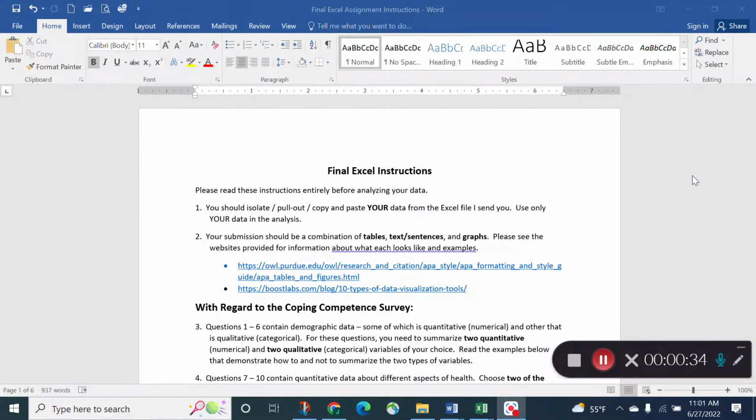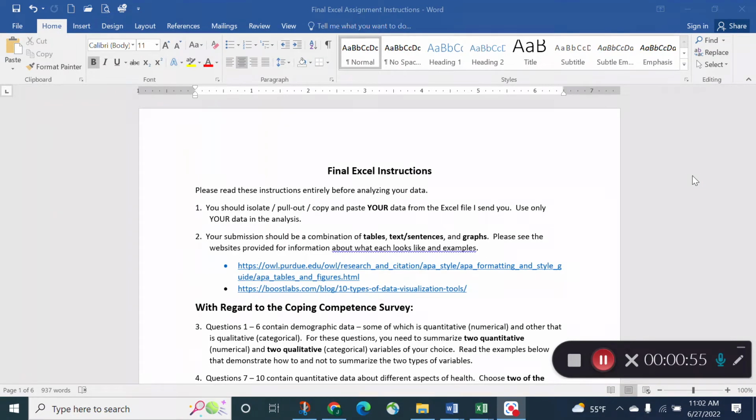Your data set will be rather small, but you could take what you're going to learn in this exercise and make it bigger and analyze a lot more data than what I'm having you do here. I will be sending you an Excel file that has, I think, like 290 lines worth of data.